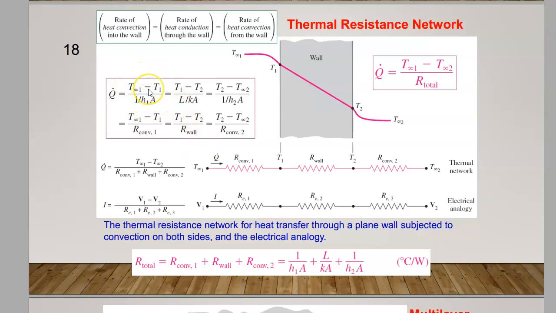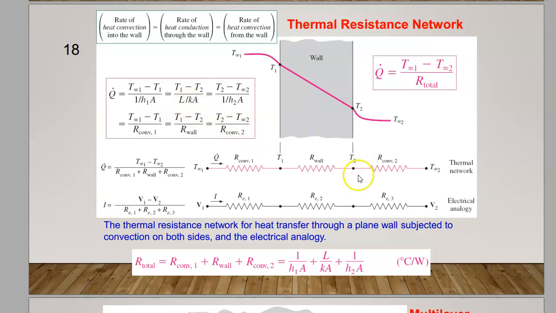T infinity 1 minus T1 over R1, this one is R convection 1. You already got the Q, which is equal to the other formula: T1 minus T2 over R wall, where R wall is conduction, L over KA.